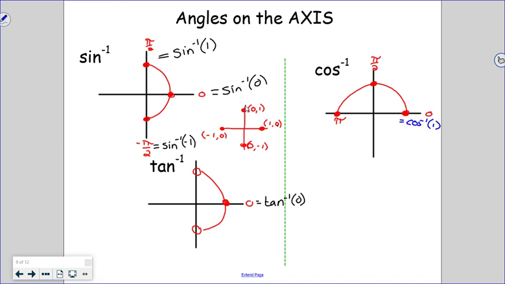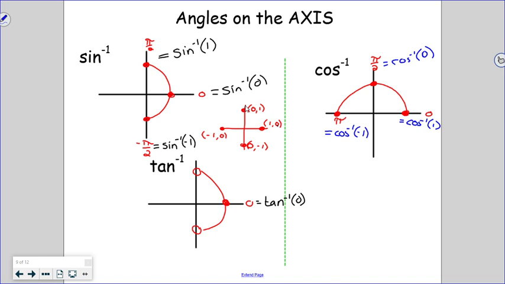Up at pi over 2, cosine has a value of 0. So pi over 2 is the answer to the question, what is the inverse cosine of 0? Over here at pi, cosine has a value of -1, so pi is the answer to the question, what is the inverse cosine of -1?